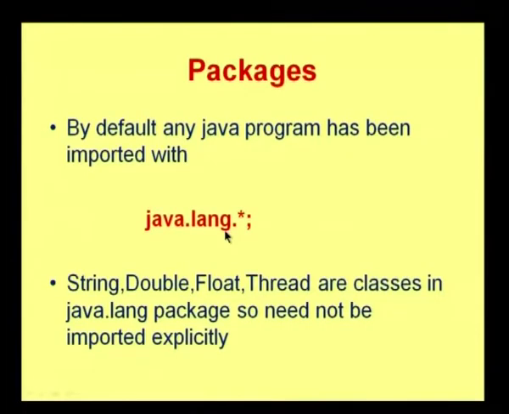And for establishing network connectivity, all sockets, your datagram sockets, will be available in your net package. Next, by default any Java program has been imported with java.lang.star. So whenever you write a program, this package will get automatically imported. String, double, float, thread are classes in the java.lang package, so we need not import them explicitly.